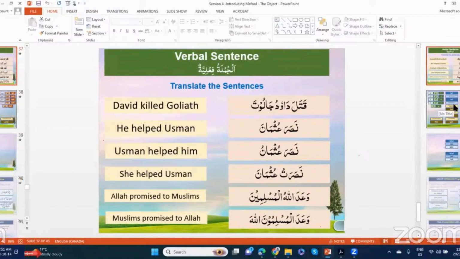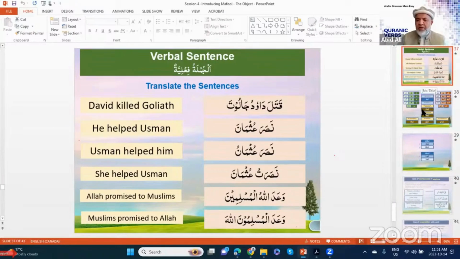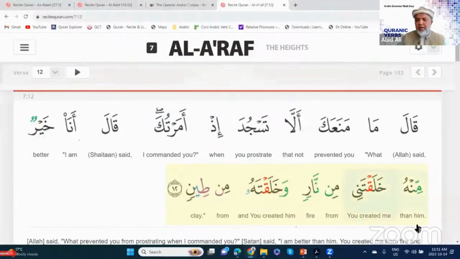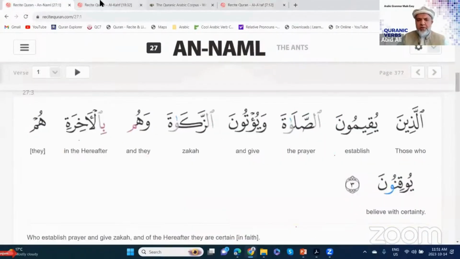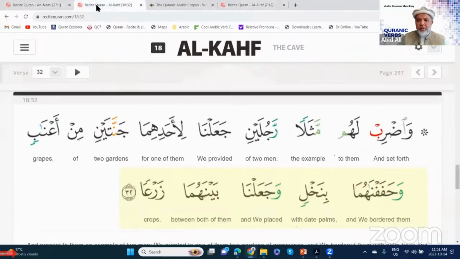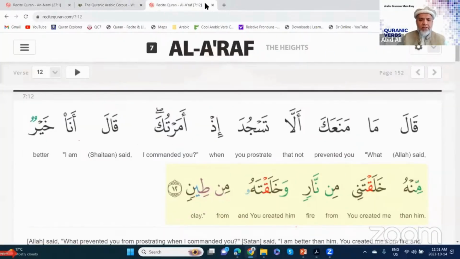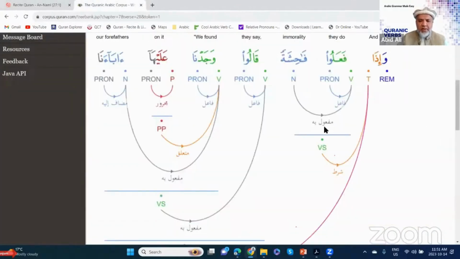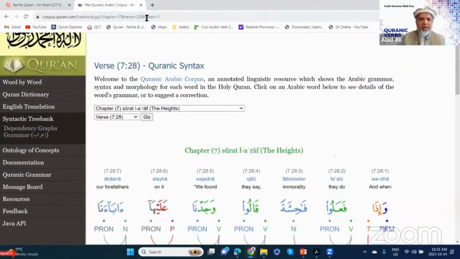Since we ran out of time again, we didn't finish, but inshallah we'll pick up from where we left off. Let's just do a quick recitation of the Quran. Over here we looked at Surah Araf, and one of its verses.